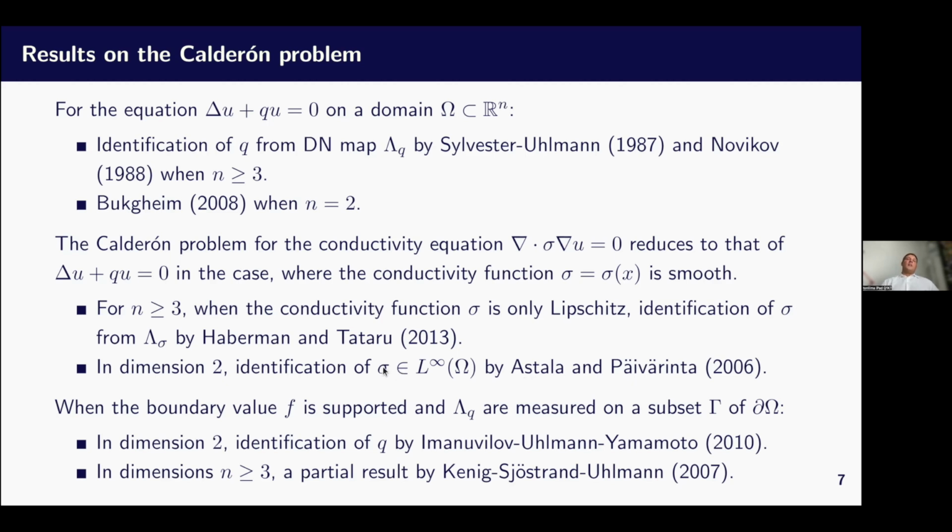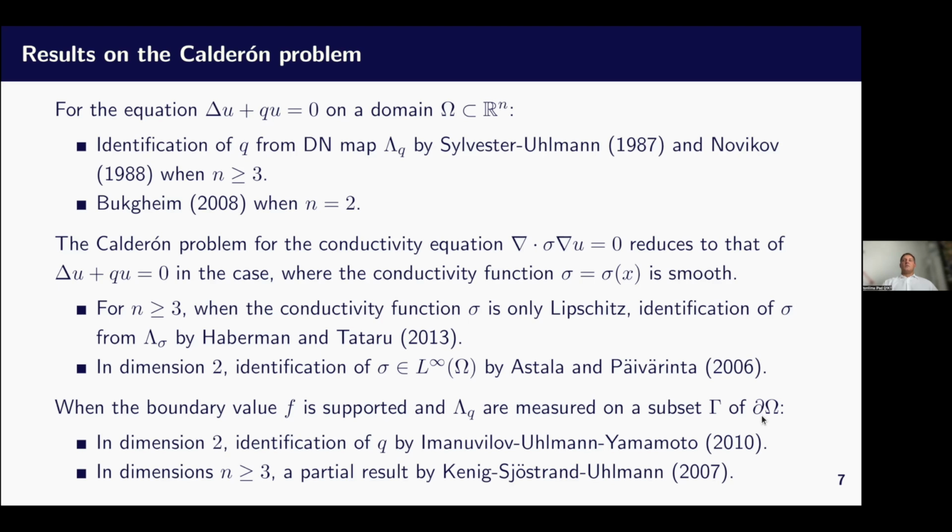Right. Then there's the so-called partial data Calderon problem. In that case, it is assumed that your boundary value f is supported, and you only measure the normal derivative of the solution on a subset gamma of the boundary of omega.